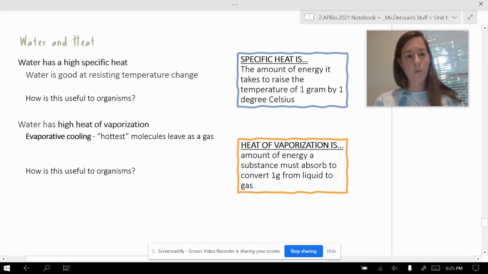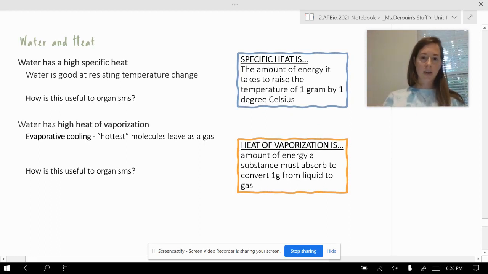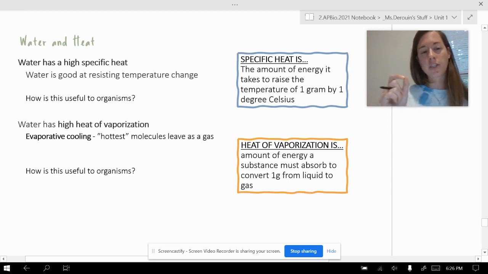So now water has high specific heat and high heat of vaporization. And these are things that are really super important to its helpfulness for living things. Specific heat is the amount of energy it takes to raise the temperature of 1 gram of, in this case, water by 1 degree Celsius. So because water has a high specific heat, it means it takes a ton of energy to actually raise the temperature of water.